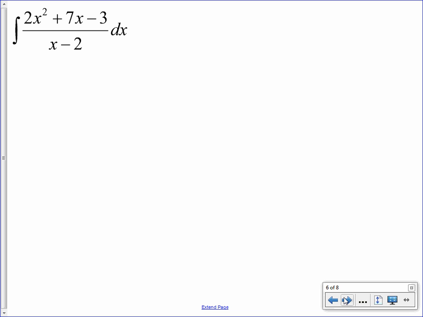Like 11/5. What's that called? Improper, very good, John. There we go. Improper fraction. What can we do with an improper fraction? Can't we divide? We can divide.